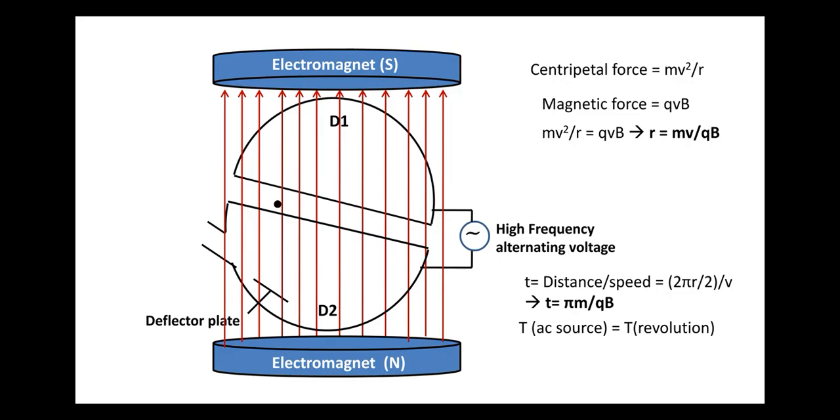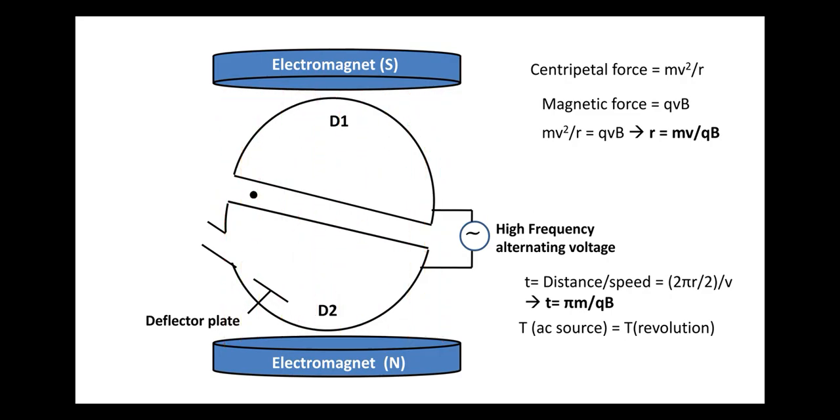Okay, and this process continues. So you can see here it again moves in a bigger circular path, it again moves in a bigger circular path. So in this way the particle moves in a spiral path. If you look at this process in one instant, you can see in this diagram how the particle is moving.